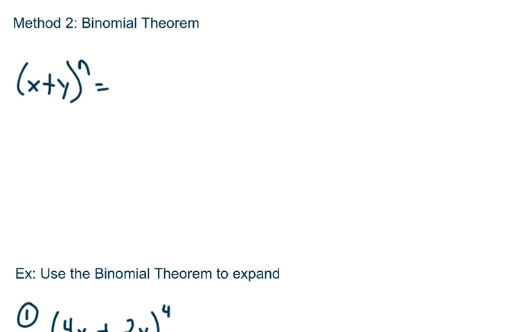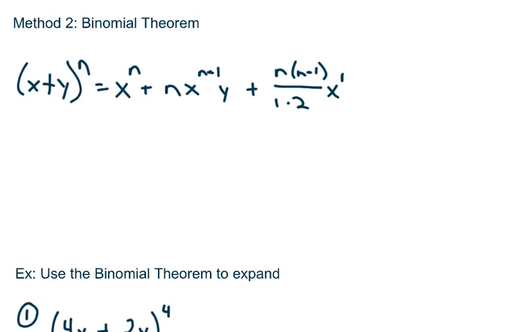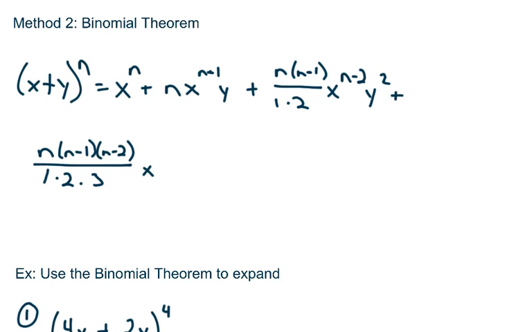The binomial theorem says x plus y to the n power is equal to x to the n power plus n x to the n minus 1 power times y plus n times n minus 1 over 1 times 2 x to the n minus 2 y squared plus, I'm going to go down a line here, n times n minus 1 times n minus 2 over 1 times 2 times 3 x to the n minus 3 y to the 3rd power plus, and it goes all the way down until we get to y to the n power, because eventually this will become x to the 0.